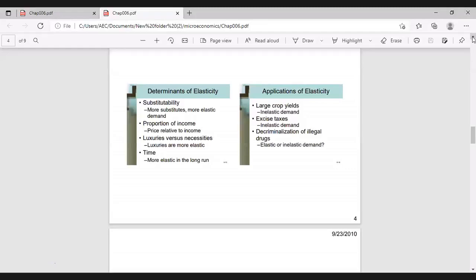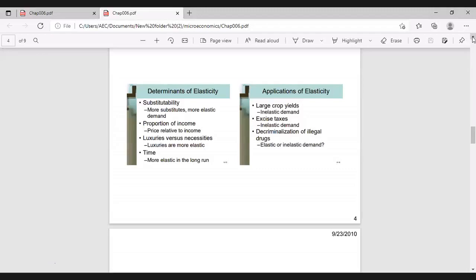Gasoline or petrol is a necessity good. So even if the price increases, people want to buy; people will not reduce much. Time also determines the elasticity of demand. When the price changes for some commodity, the consumer will not change much in the short period.